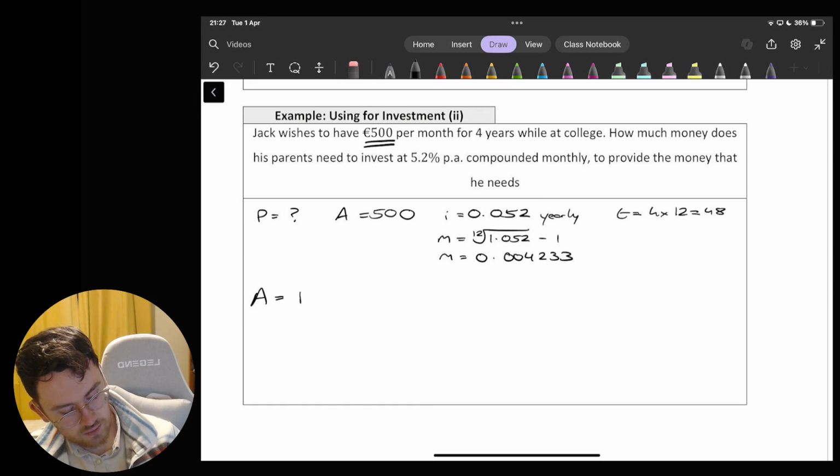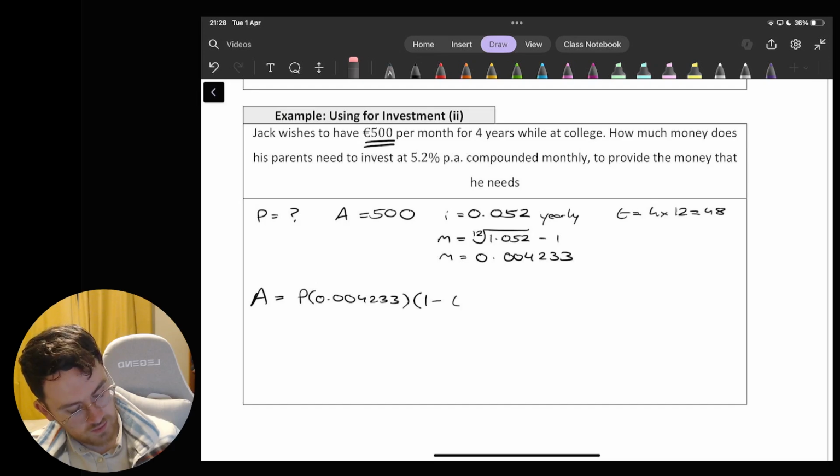A is equal to P times 0.004233, 1 minus, or not 1 minus, excuse me. I almost forgot this formula. 1 plus, so 1.004233 to the power of 48 over 1.004233 again to 48 minus 1.